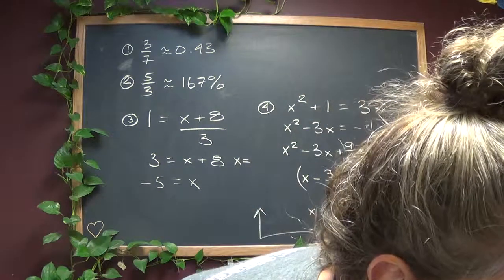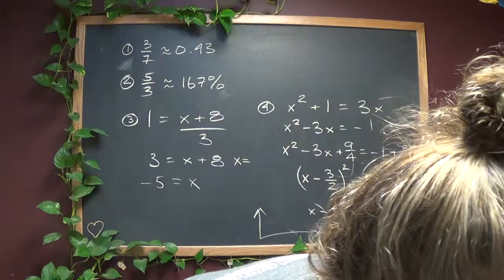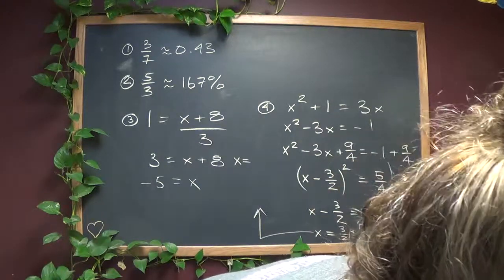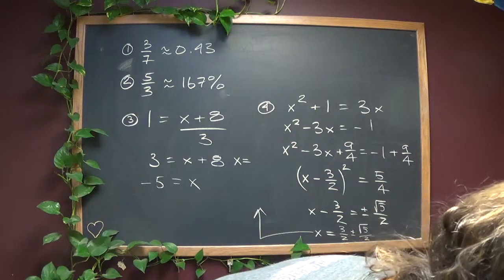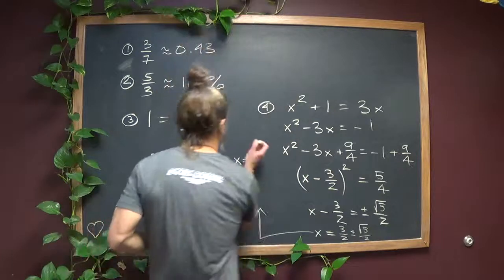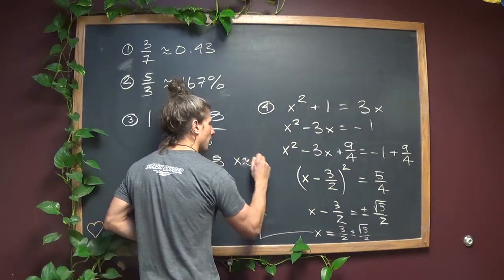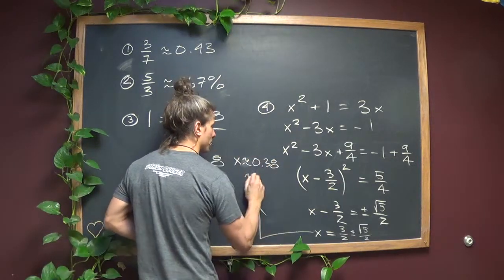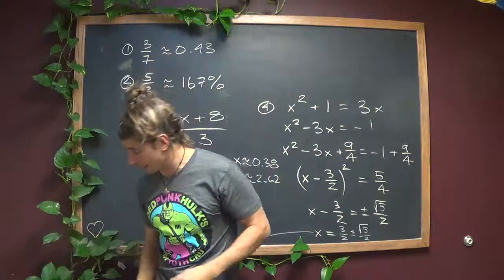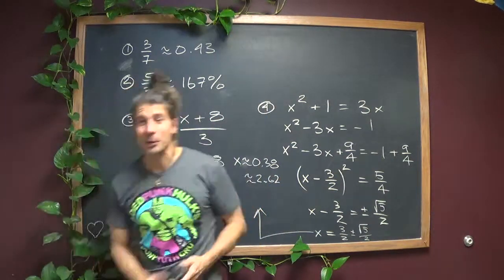What did I tell you to round to? I didn't, so round to whatever you want. 2.62, and then I also get 0.38. So if you're going for approximate, about 0.38 or about 2.62. So those are some approximate values. It's up to you. I didn't specify, so you go ahead and do it any way you want to.